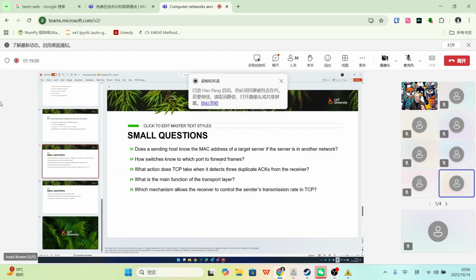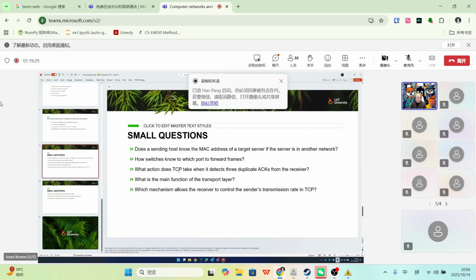It will learn from the source address of the incoming frame. Yes, exactly. Very good. So the switch learns which MAC addresses are behind each port. And if it does not know behind which port the MAC address is, then it floods it to all the outgoing ports, and hopefully learns it after that.